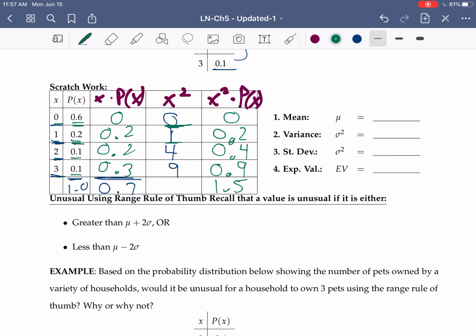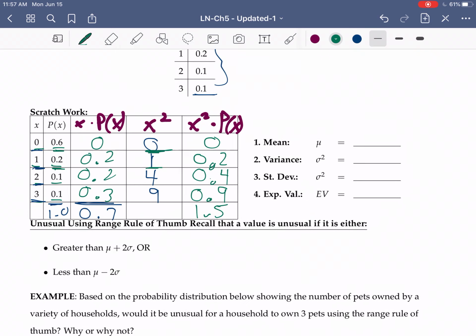So now we want to take these values and use them to calculate our mean, variance, standard deviation, and expected value.